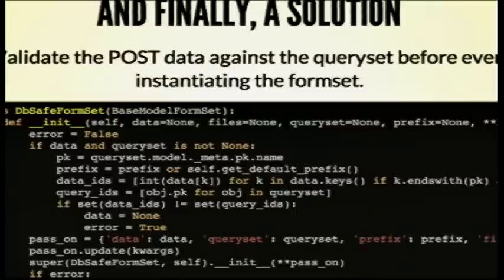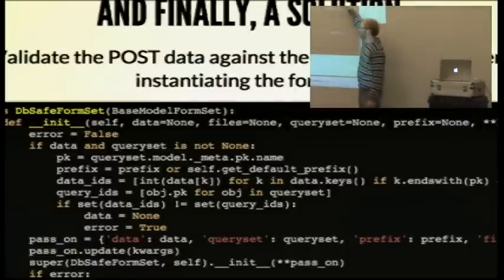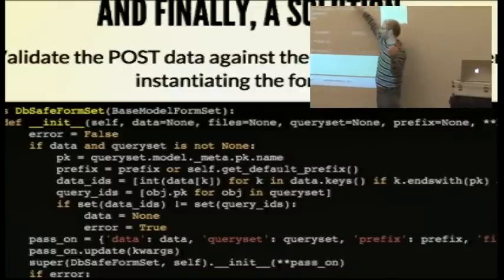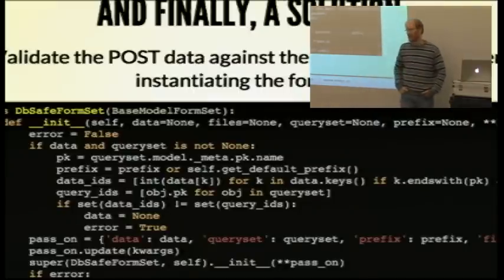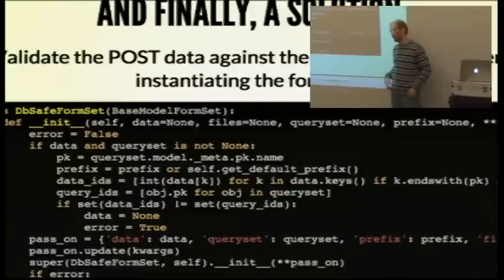Yeah, so the question is, what happens if the two posts are concurrent, as in they're within milliseconds of each other, and we run this code and we validate that the form is okay, and then we process, so this is running for Bob, and then we actually run the save for Alice after we've instantiated this, and then we run the save for Bob. That's the question? And the answer is that this is all running in a transaction, and so that is going to keep us from crossing paths like that.